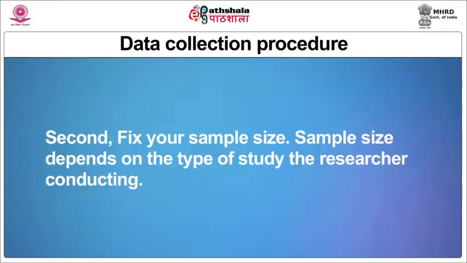Second, fix your sample size. Sample size depends on the type of study the researcher is conducting. For example, for the case study method, a maximum of 4 to 5 samples is enough.